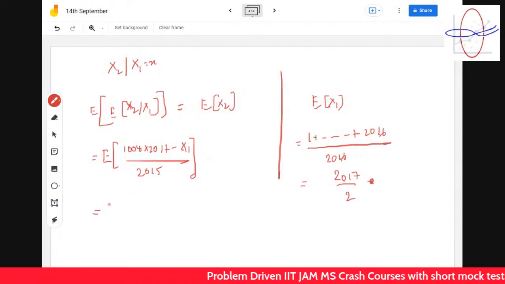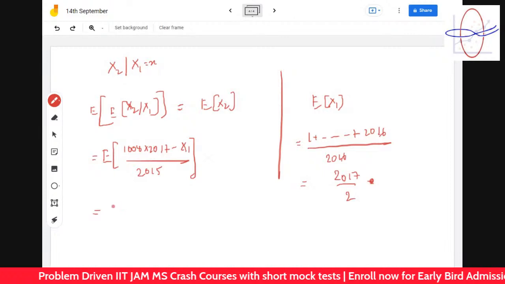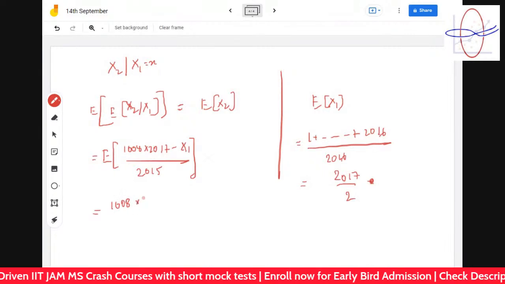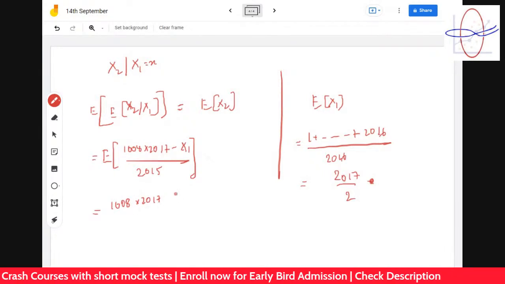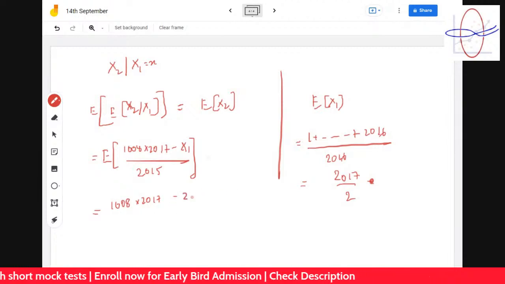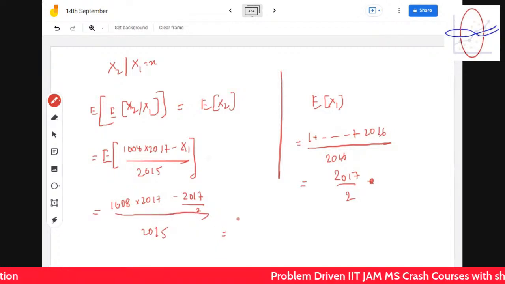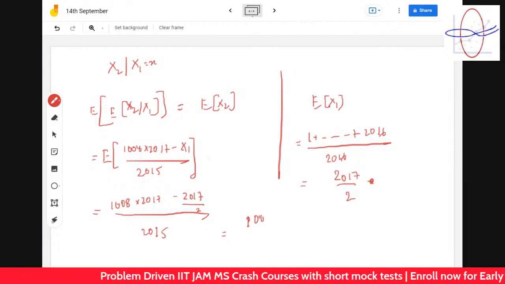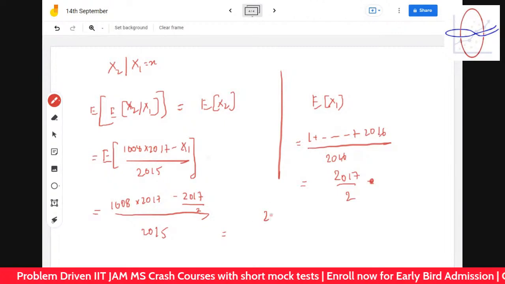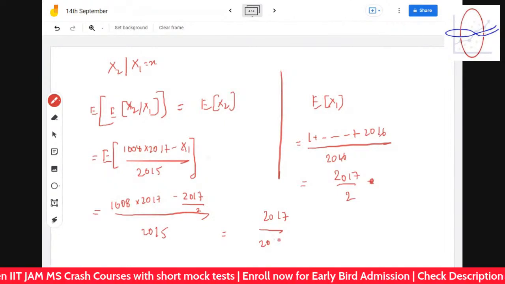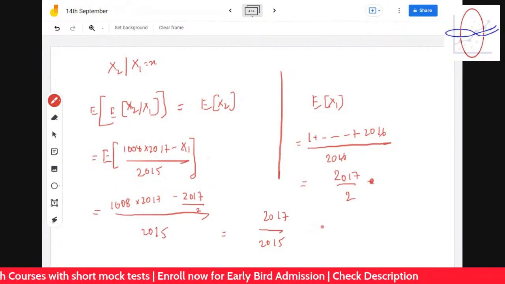Let's check it out now. Now the expectation, this will turn out to be 2008 times 2017 minus the expectation of x1, by 2015, by applying the laws of expectation. And we get from here that 2017 is common by 2015, and by 2 is also common over there.